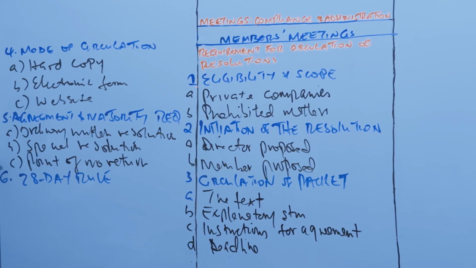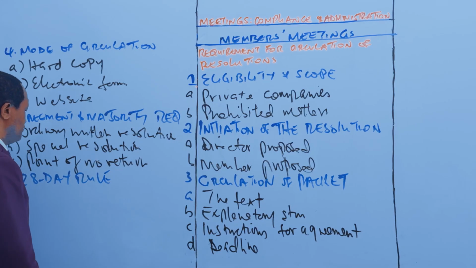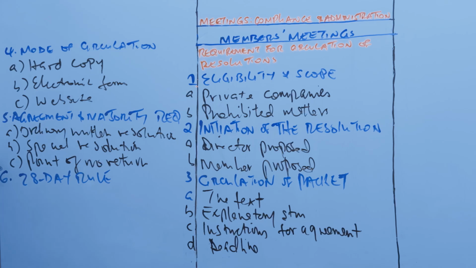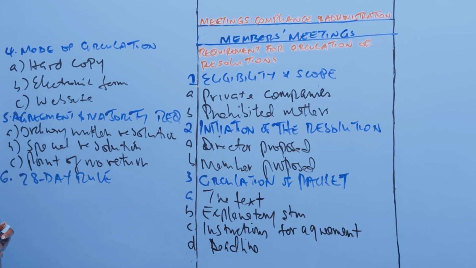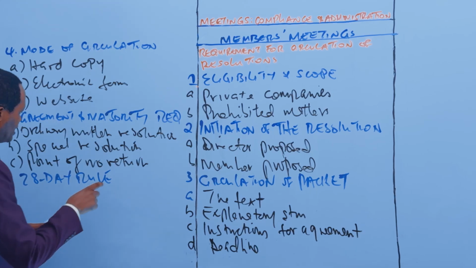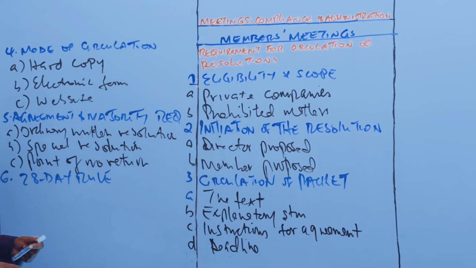Any agreement received after this period will be deemed void. It lapses after 28 days.